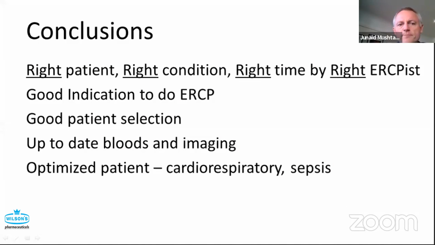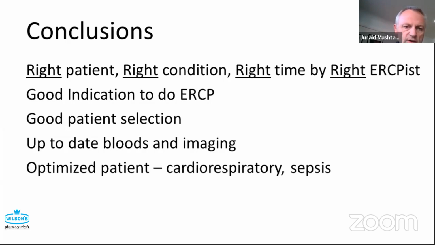So in conclusion, we need to have the right patient. We need the right condition. It needs to be done at the right time. And I think it needs to be done by the right person. We need a good indication to do that ERCP, and we need good patient selection.